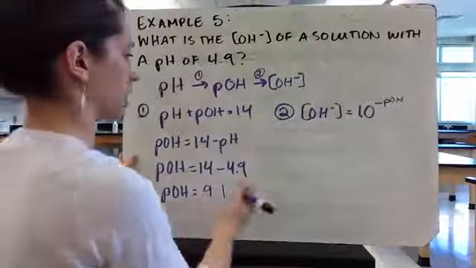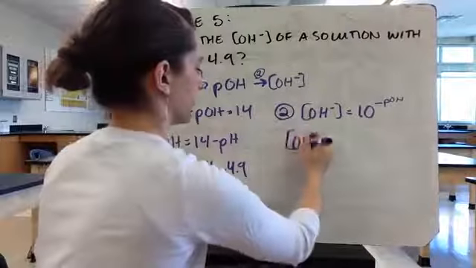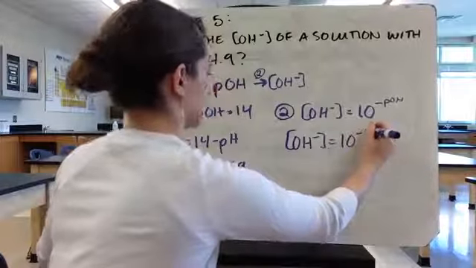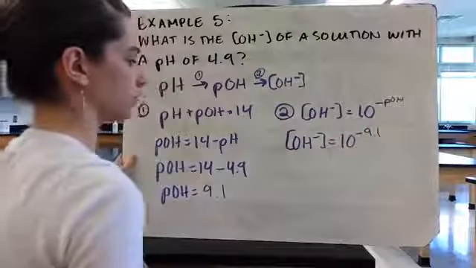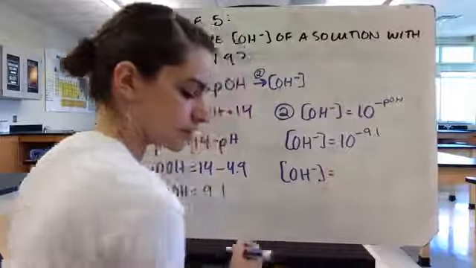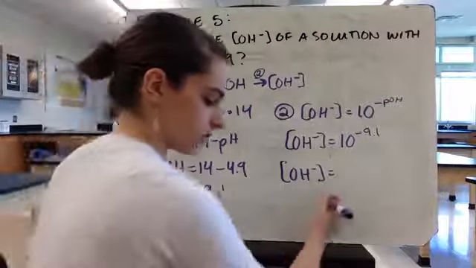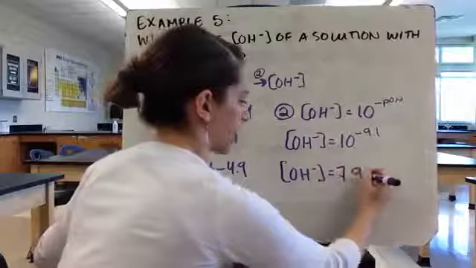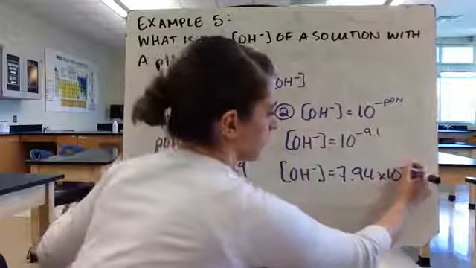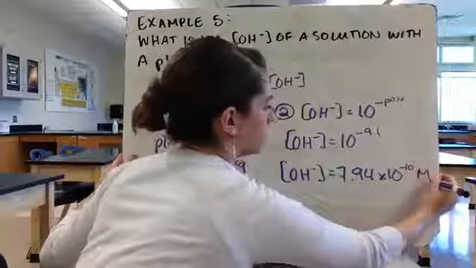Now we know our pOH that's down here, so we're going to plug our numbers in. 10 to the negative 9.1. And then if we type that into our calculator, we get that our hydroxide concentration is equal to 7.94 times 10 to the negative 10th molar.